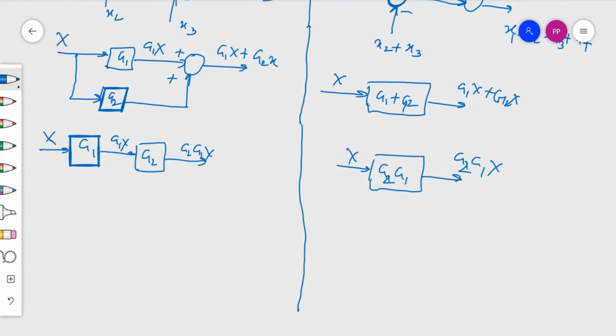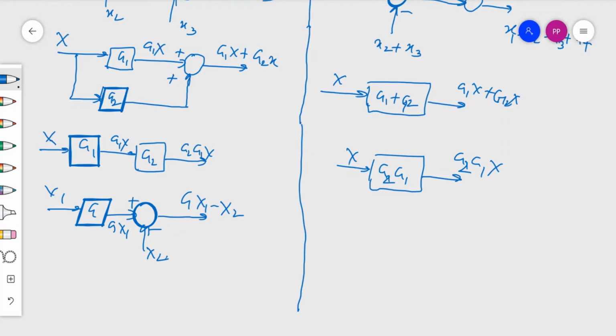Next example: the block G has an input X1 and its output enters a summing block. So I have a plus sign over here, for GX1, and here we have a minus sign for X2. So the output is GX1 minus X2.